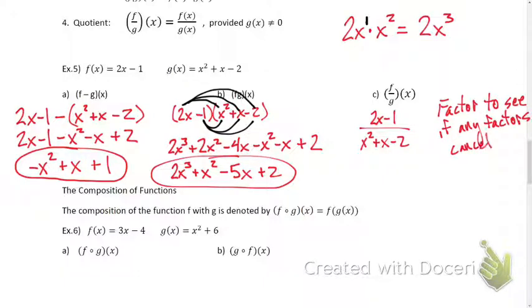Because there is a chance that I can reduce that fraction. Up top, I don't see a GCF. I don't see an x squared. I can't factor the top. The bottom, I don't see a GCF, but I do need 2 numbers that multiply to negative 2, but add to positive 1.